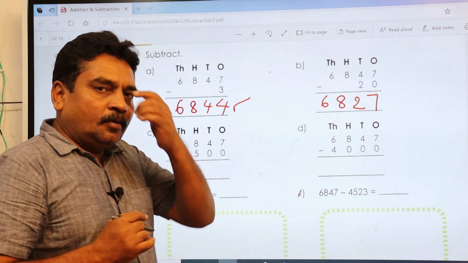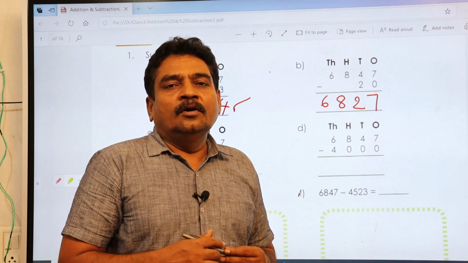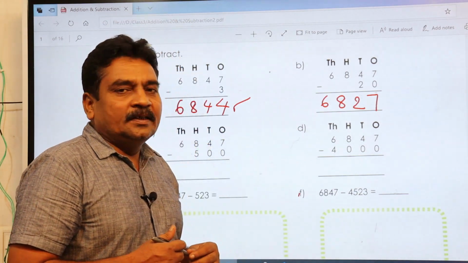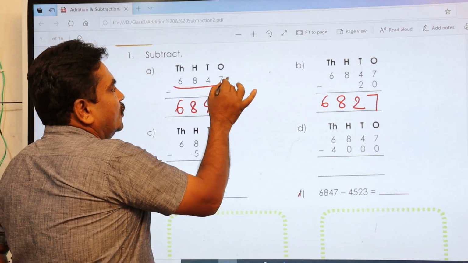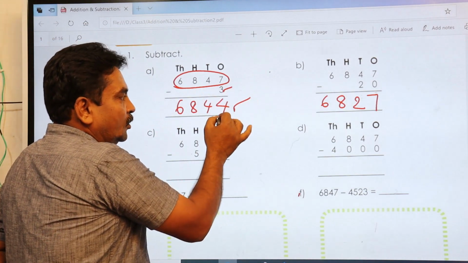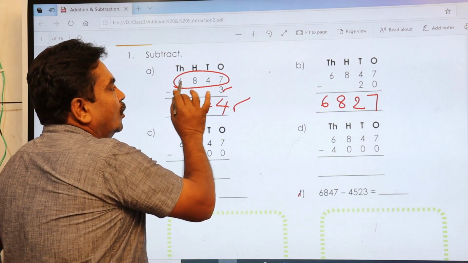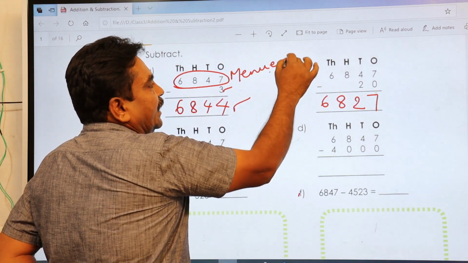I'll tell you one important thing for the students who want to learn the terminology. I'll just give you certain points here. Now see here, the value from which you are going to subtract, what do you call this value? You call this value the minuend.